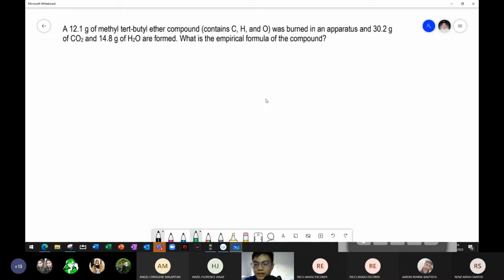Okay. So, what are we going to do? It's easy. Let's make a stoichiometric equation. Let's write an equation showing the chemical reaction. So, this is your organic compound. And as you can see in the apparatus, an oxygen source is required.